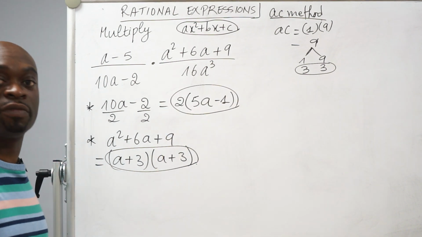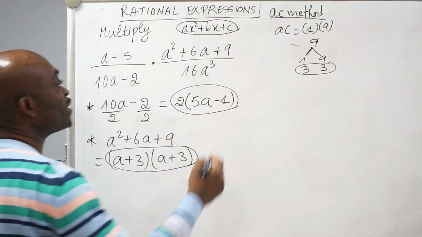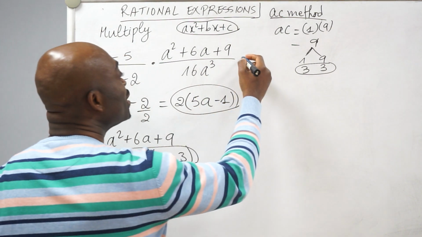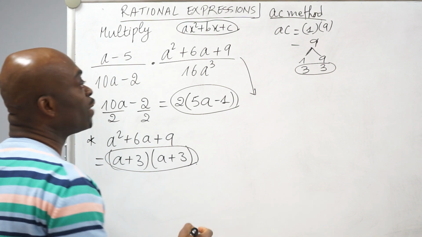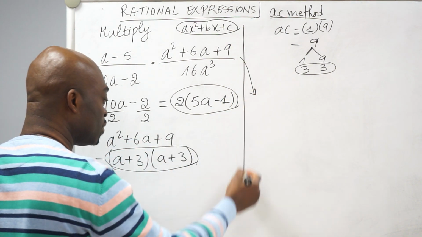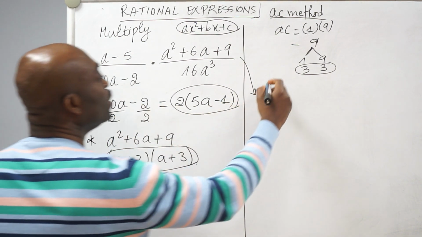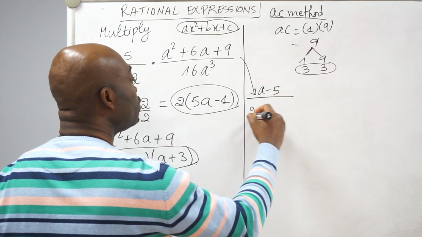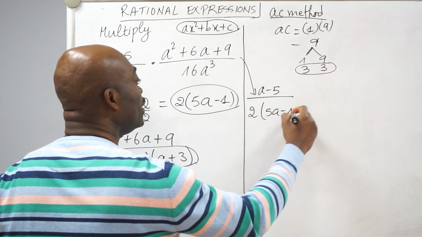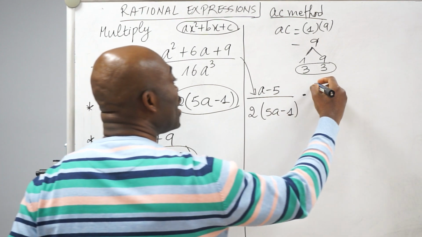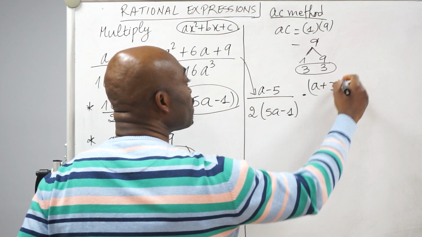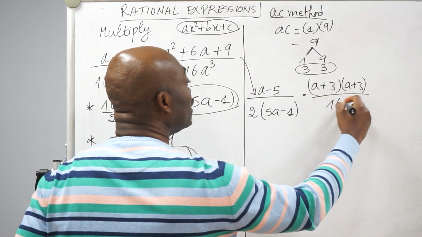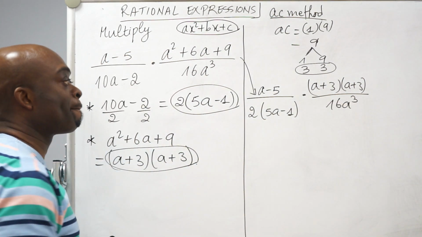Now it's the moment of truth, which is to take the problem and simplify it. Once we take this one back here, I can split it up just to give us some room. So (a minus 5) over 2 times (5a minus 1), times (a plus 3) times (a plus 3) over 16a to the third power.